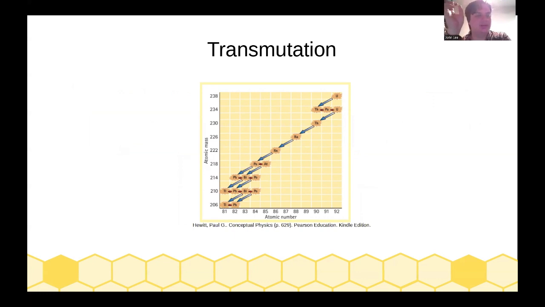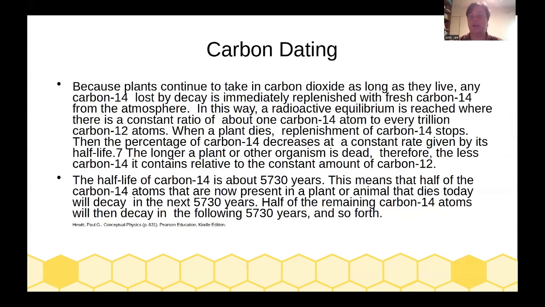You can lose protons and you can gain protons. This means that these isotopes have different numbers of atomic mass even though they are the same overall element. Finally, we're going to talk about carbon dating, which is a very practical application of this nuclear decay.